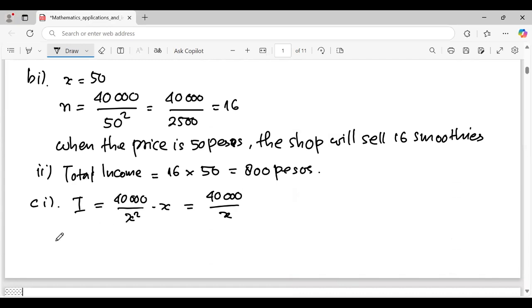Next, the equation for total cost. Total cost is the cost per smoothie times the number of smoothies.